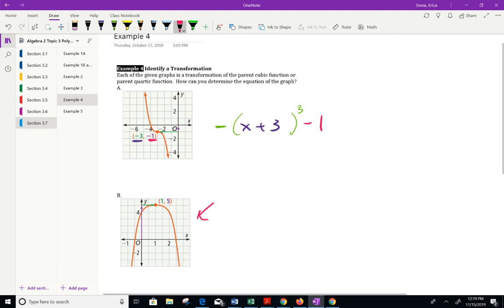Here, we'll say that this is a quartic because it's even. So we're going to have a quartic. It's also negative because end behavior is down. And then our x was moved 1 to the right and up 5.